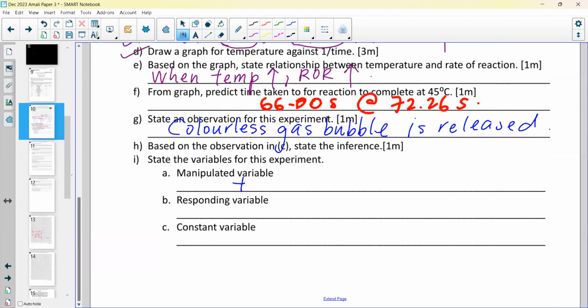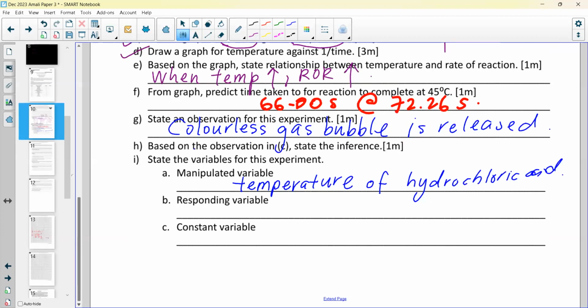Okay, temperature. Do I need a symbol? No need. So for the manipulated variable you can put temperature, or the more precise one, temperature of hydrochloric acid.